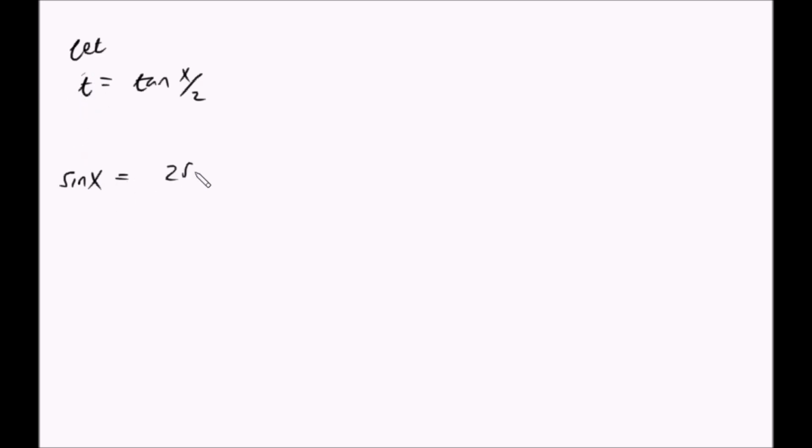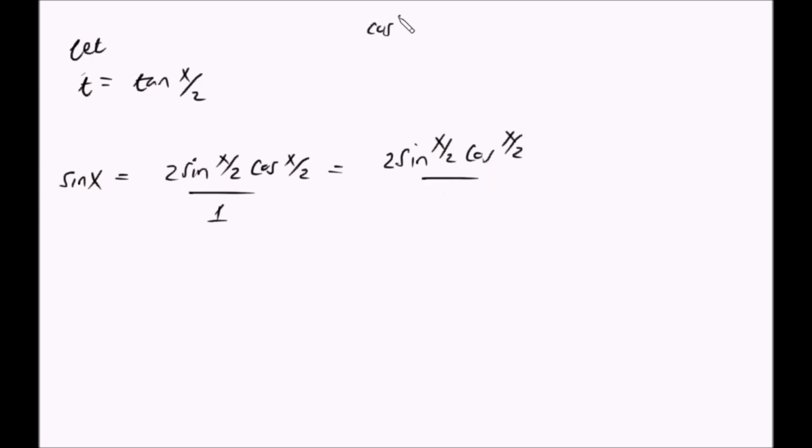Tumesema sin x ni sasa na 2 sin x over 2 cos x over 2. So hii ni sasa tuna hivi over 1. Maanake huyu over 1 tabaki wa juu. Alright, so this now is going to be equal to 2 sin ya x over 2 cos ya x over 2 over, so remember tulisemaga cos squared x plus sin squared x sasa na 1.